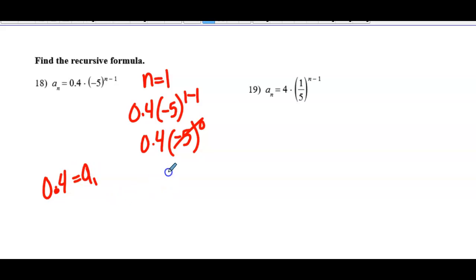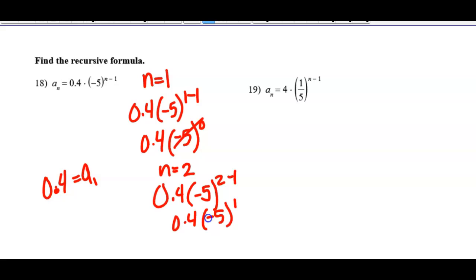And then to find the second term, 0.4 times negative 5 to the 2 minus 1 would be 0.4 times negative 5 to the 1, and I think that's 1. 0.4 times negative 5 once is negative 2, sorry.